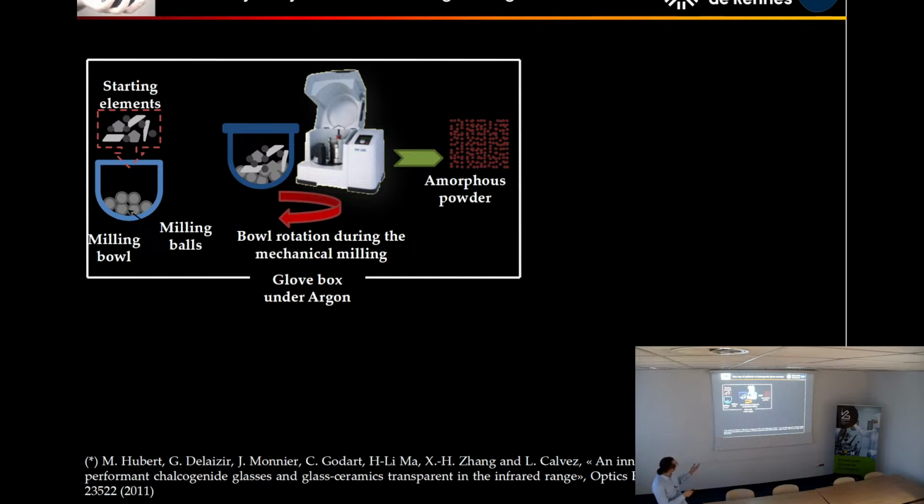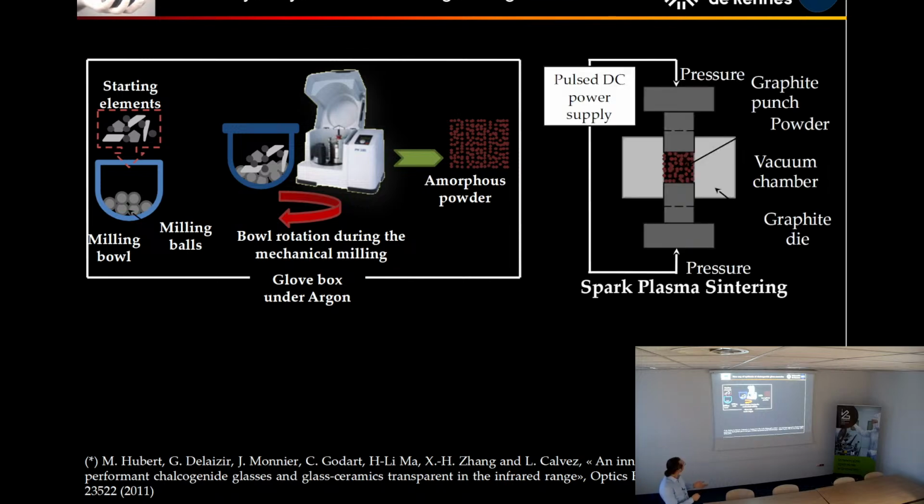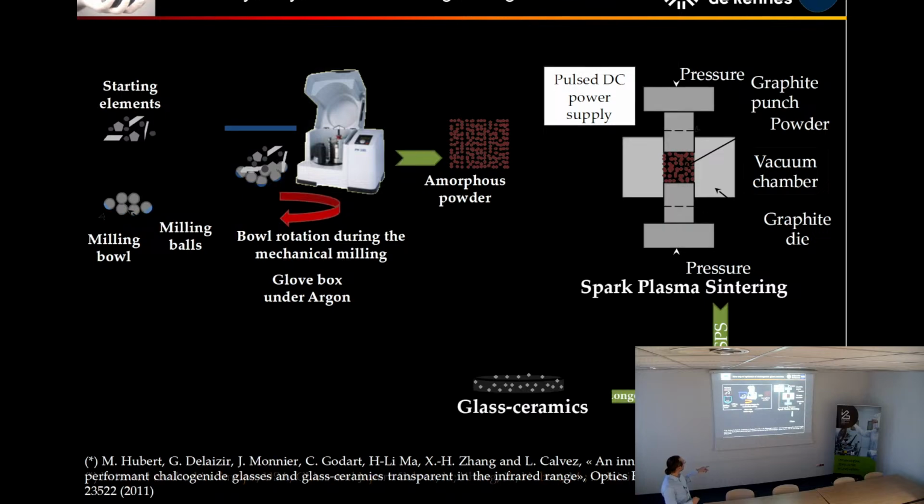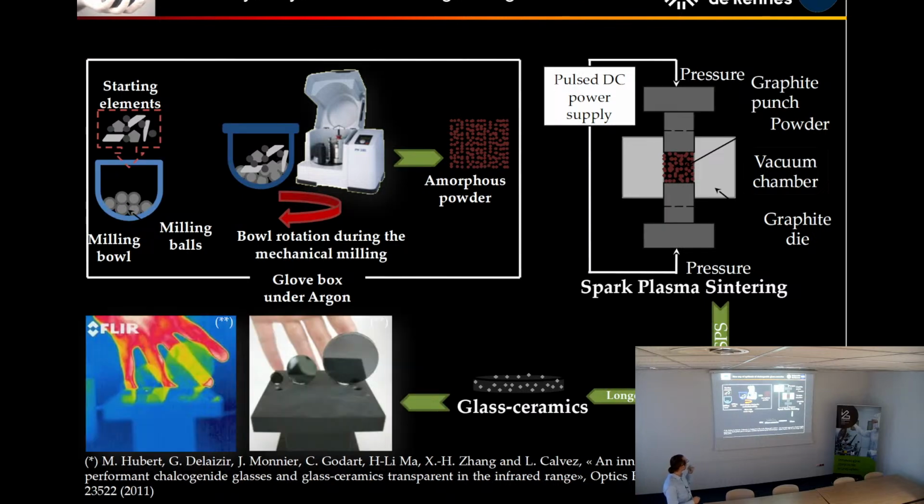The amorphous powder has exactly the same Tg as the glass, but of course it's amorphous powder. You don't have a lens, you don't have bulk glass. So after this, the amorphous powder is sintered by spark plasma sintering in order to obtain a bulk disk of glass. And this is an example that has been obtained here with glass.